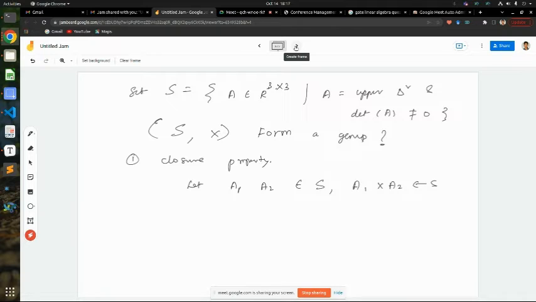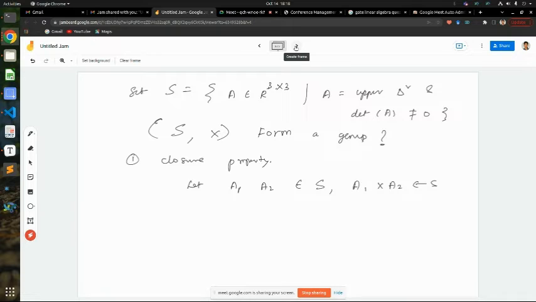So firstly, is the closure property satisfied? I think you must already know, because we have been dealing with upper triangular matrices. Basically, we know that the product of two upper triangular matrices is in turn upper triangular, and if both the matrices are invertible, A1 into A2 will also be invertible.